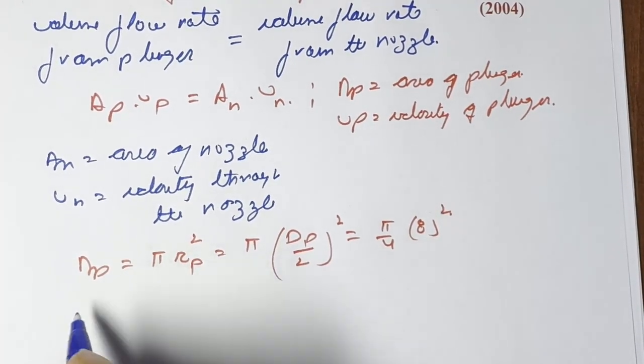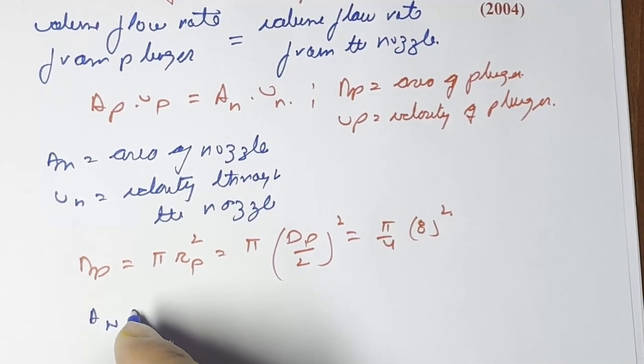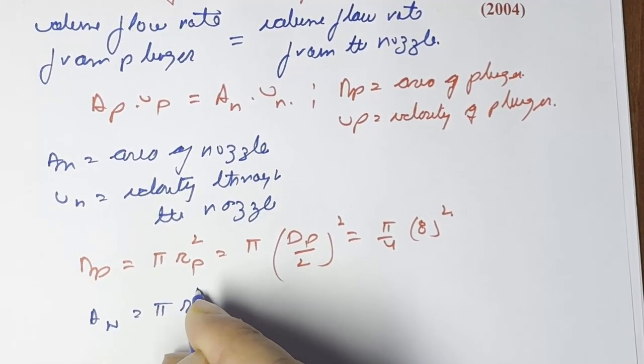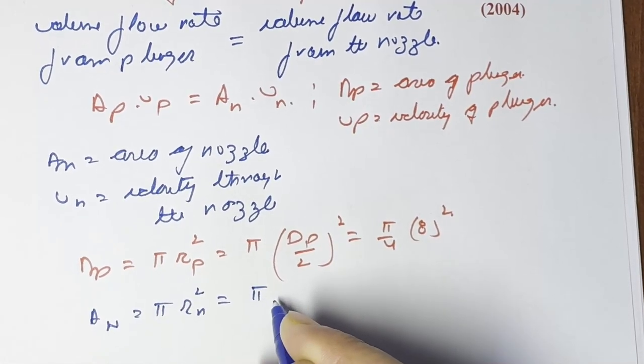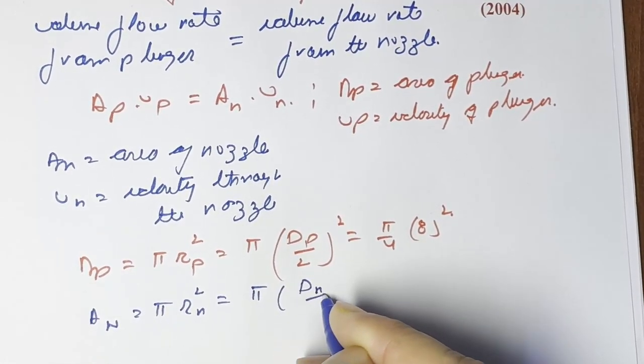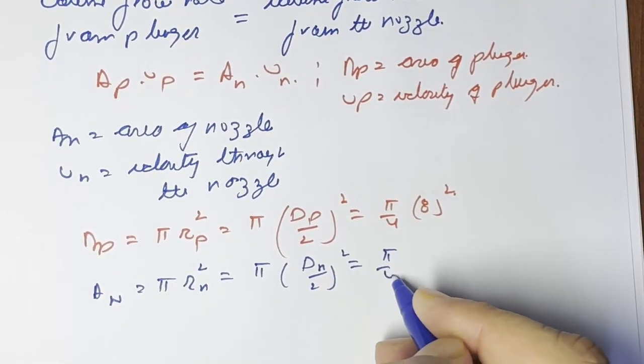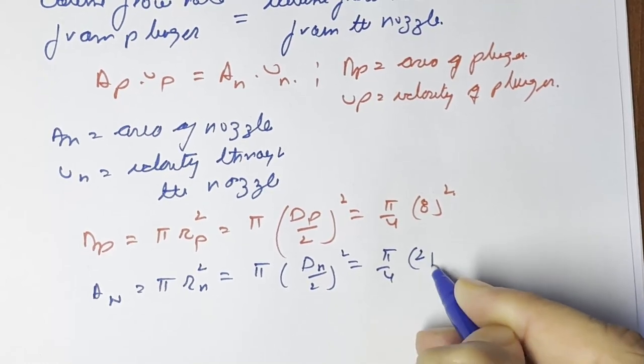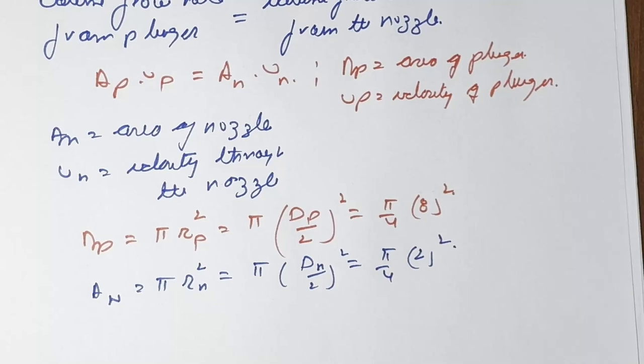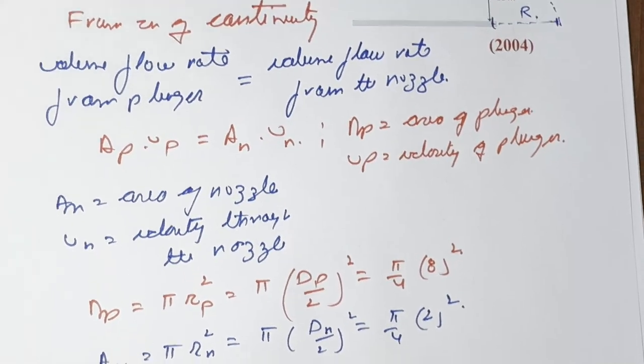Similarly, the area of the nozzle is pi rn square, which is pi times the diameter of the nozzle divided by 2 whole square, giving pi by 4 times 2 square. And the velocity of the plunger is given as 0.25.